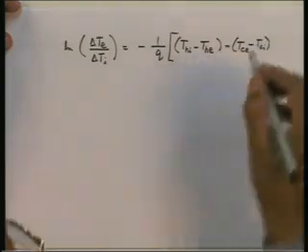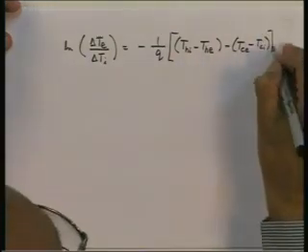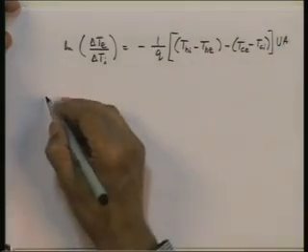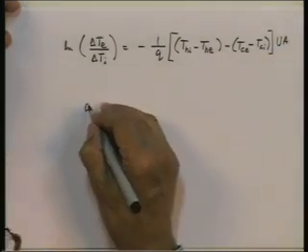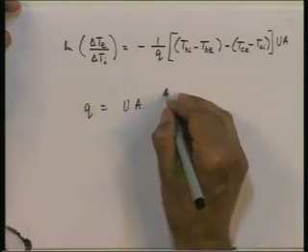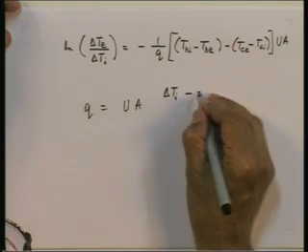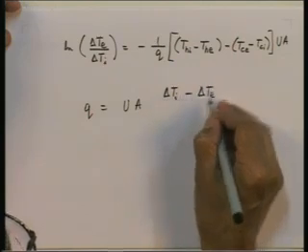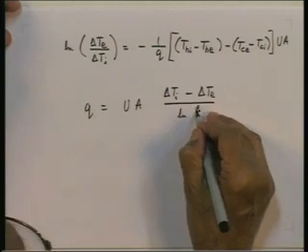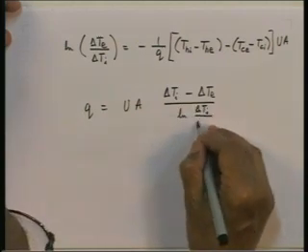These are the changes in enthalpy on the hot side and cold side, the whole thing multiplied by U A, or finally our basic performance equation q is equal to U A (delta T i minus delta T e) divided by logarithm to the base e of delta T i by delta T e.